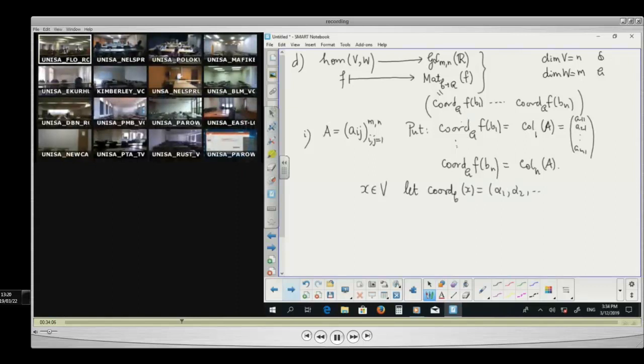Remember, this means that x is alpha 1 b1 plus alpha 2 b2, and so on. And I hence put.